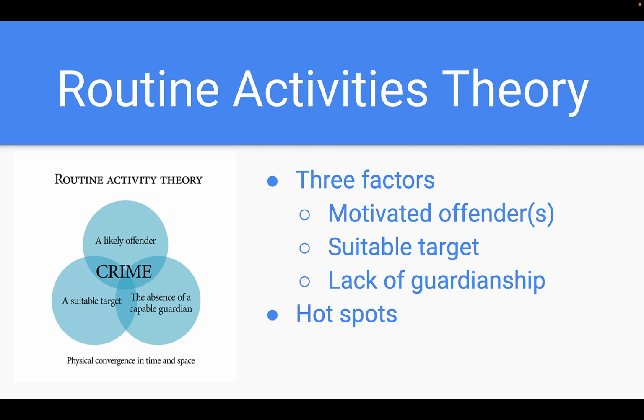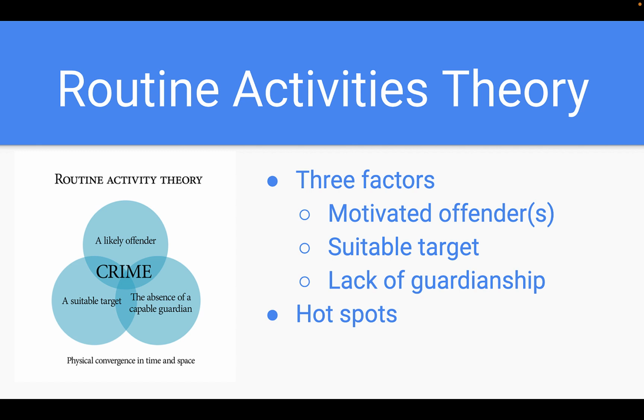Suitable targets. Examples of a suitable target would be an unlocked car, an empty house, someone alone in a parking lot walking all the Christmas presents back to the car by themselves, bars or other places that serve alcohol where people are inebriated. And then guardianship, or lack of guardianship.